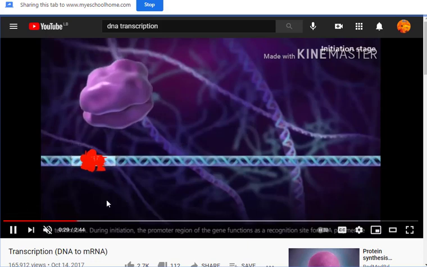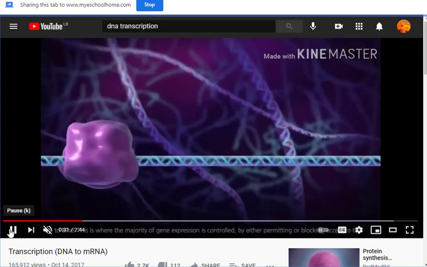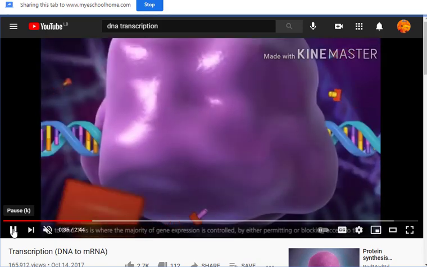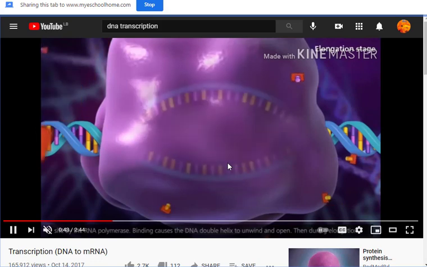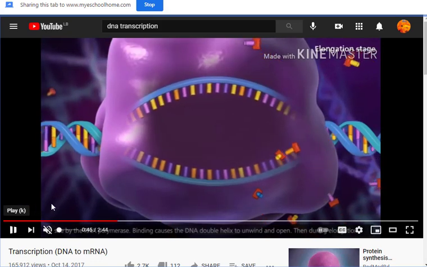Look now. This is the messenger RNA, and the enzyme here is RNA polymerase. The first step, we opened the DNA into two strands.